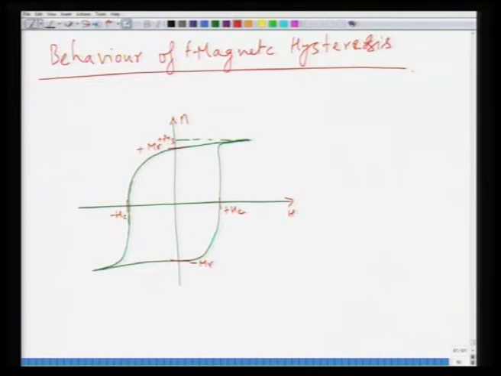So, plus Ms and this is called minus Ms. These are equal and opposite states, and this again has advantages in the form of their applications. So, you start at this point, let us say O, and initially this point corresponds to a virgin state, and what this means is that M net is equal to 0, there is no magnetization, and then you slowly start increasing, and then it goes like this.